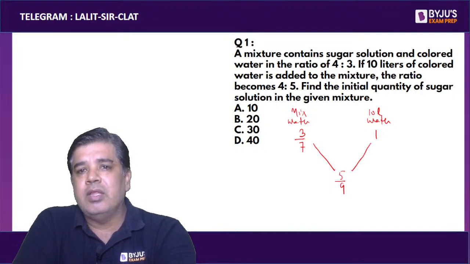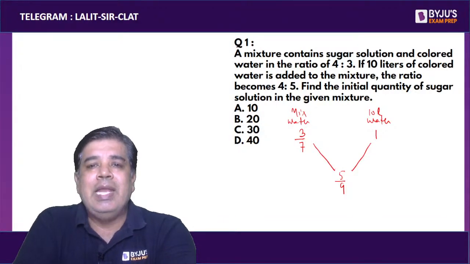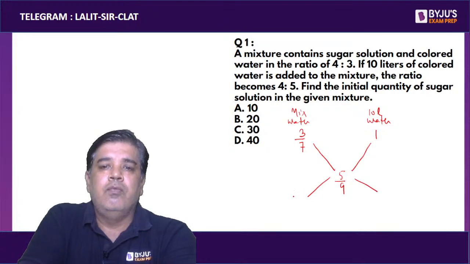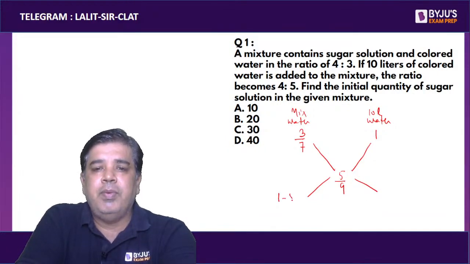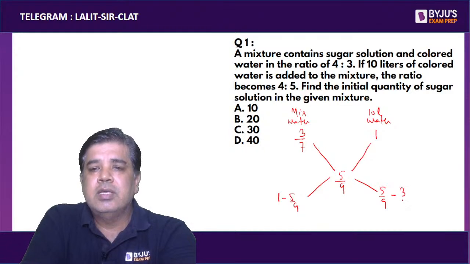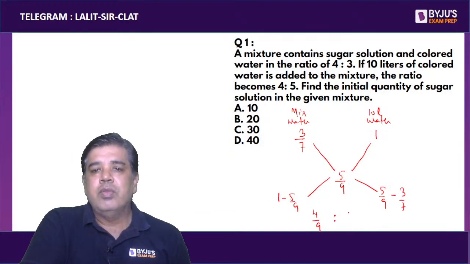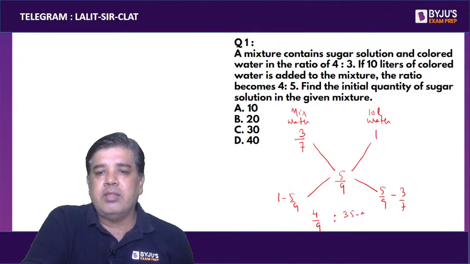So I am attempting this question by the rule of alligation and mixture. Diagonally subtract the values: 1 minus 5 by 9 and 5 by 9 minus 3 by 7. What will be the values? We'll get 4 by 9 here and 35 minus 27 over 63.